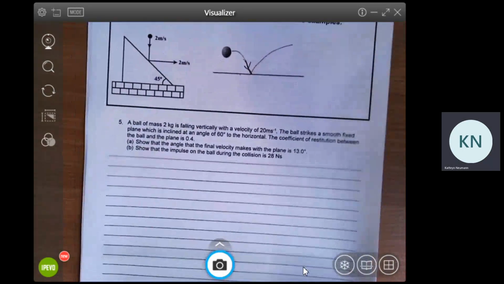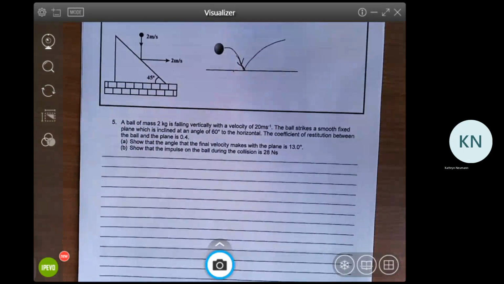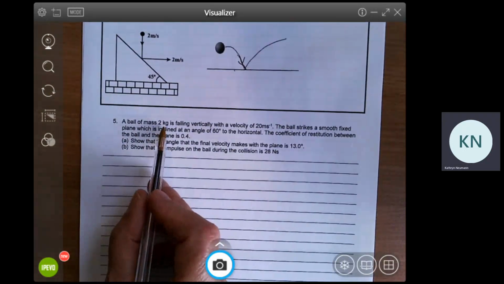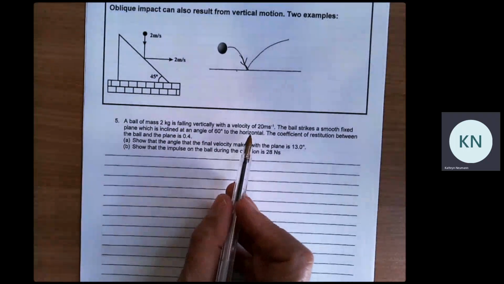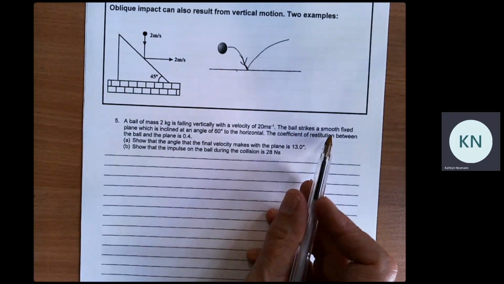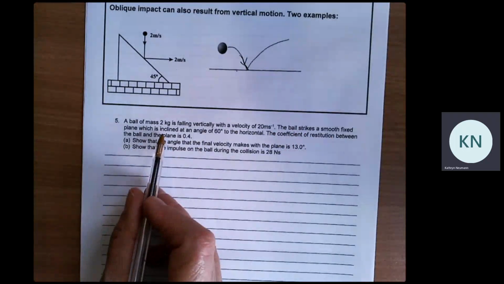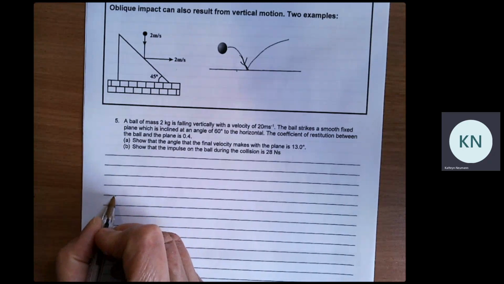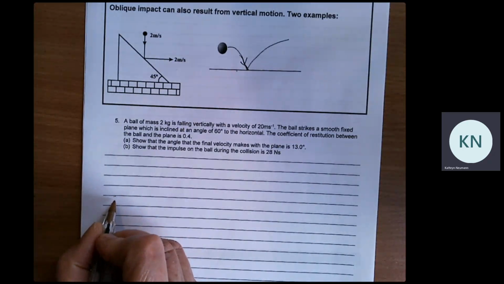So let's have a look at these questions. The first one has a ball of mass 2 kilograms falling with a velocity of 20 meters per second, striking a smooth fixed plane which is inclined at an angle of 60 degrees to the horizontal. So you need to draw a nice clear diagram for this.